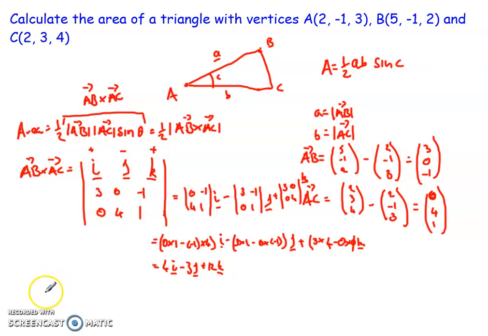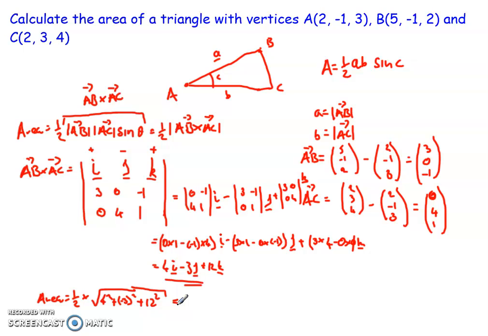So now I know that the area is equal to a half times the magnitude of this here. So it's going to be a half times the square root of 4 squared plus negative 3 squared plus 12 squared.